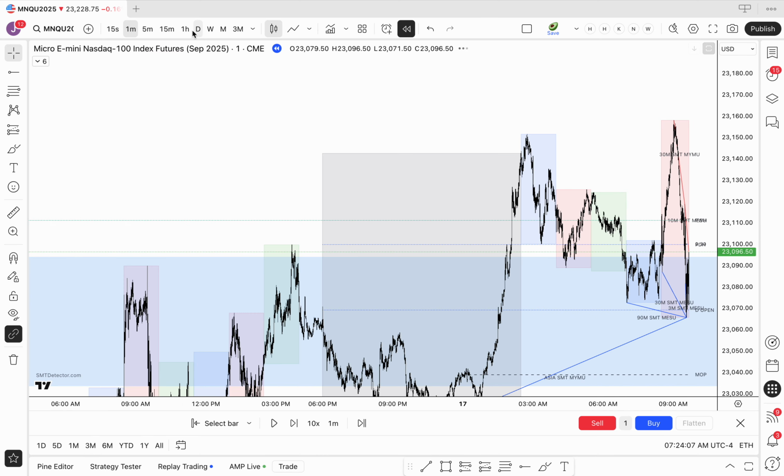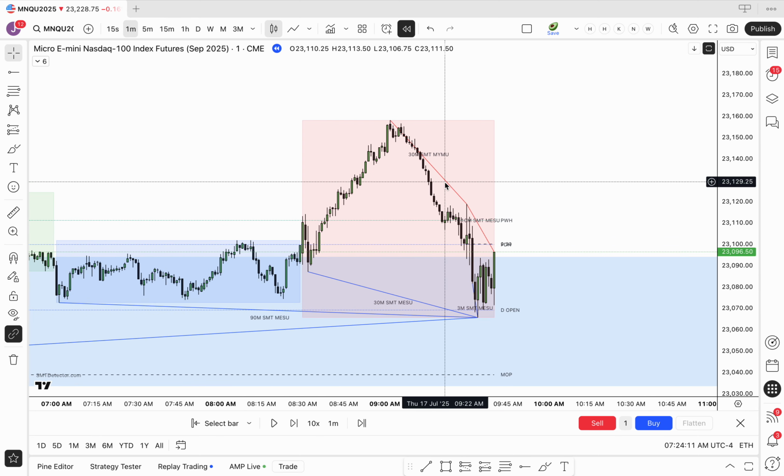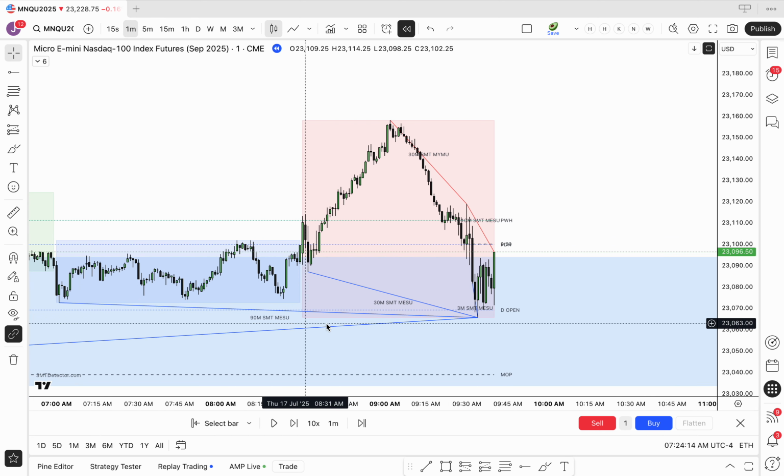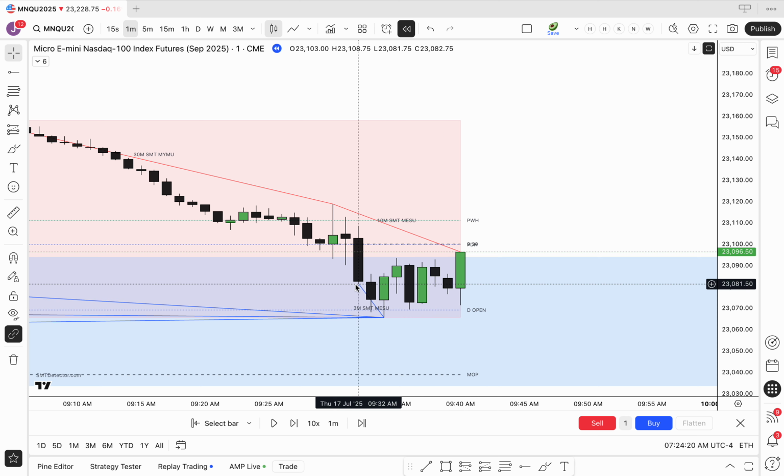We're bullish higher time frame. We're bullish intraday. You have SMT here. You have SMT here. And then more importantly, you have SMT here at the reversal. So this becomes your SMR.